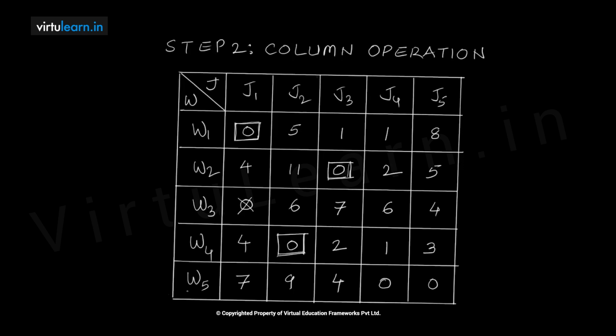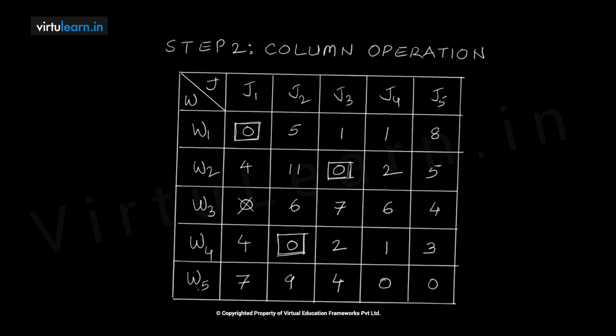Next in the W5 row, we find two zeros, so we cannot make any allocation here.